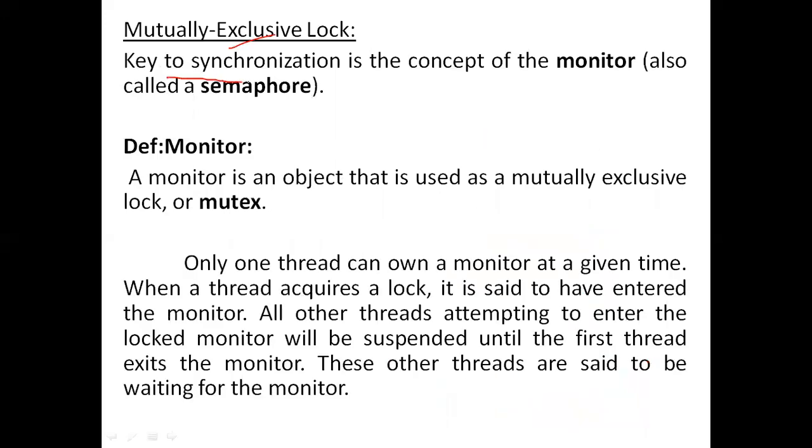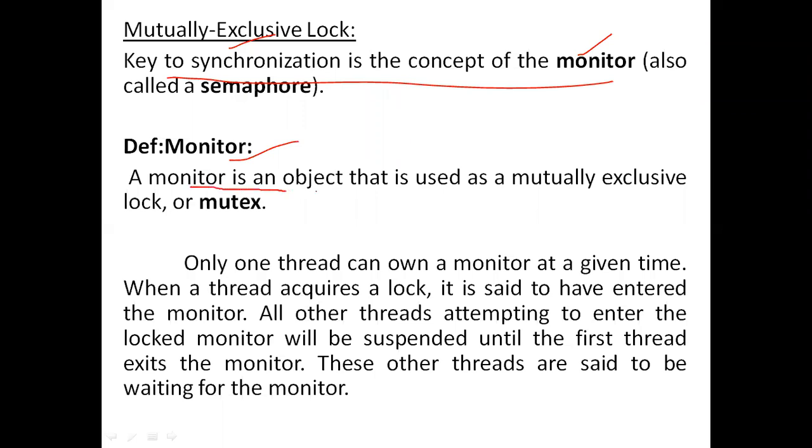And key to synchronization is the concept of a monitor. So how do we achieve this synchronization? The answer is by using a concept called monitor. It is also called a semaphore. Let's understand it using a diagram. Before looking into the diagram, first see the definition.